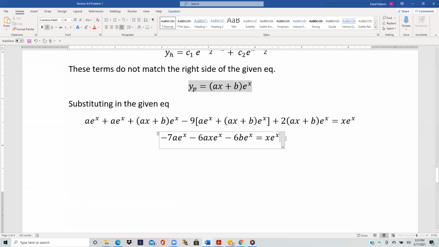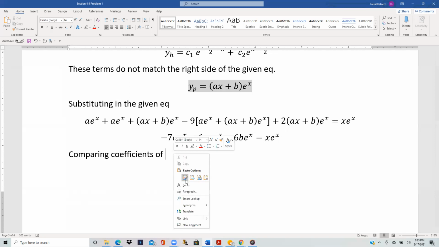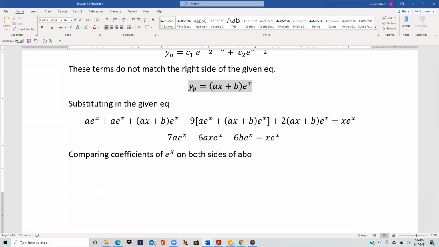So you always start with the simplest one that makes your work easier. So we will say comparing coefficients of e to the x on both sides of the above equation. We can even name it both sides of 1.